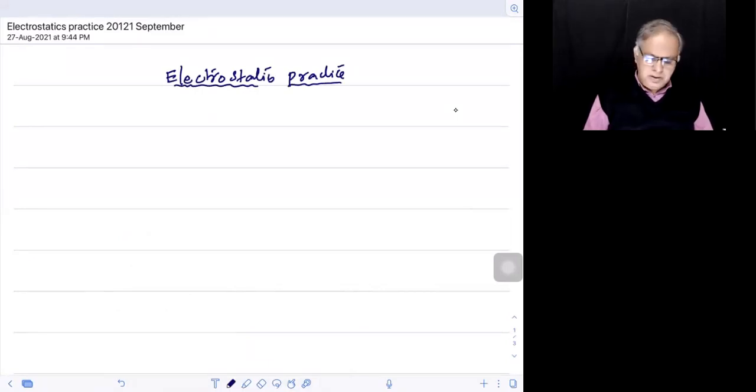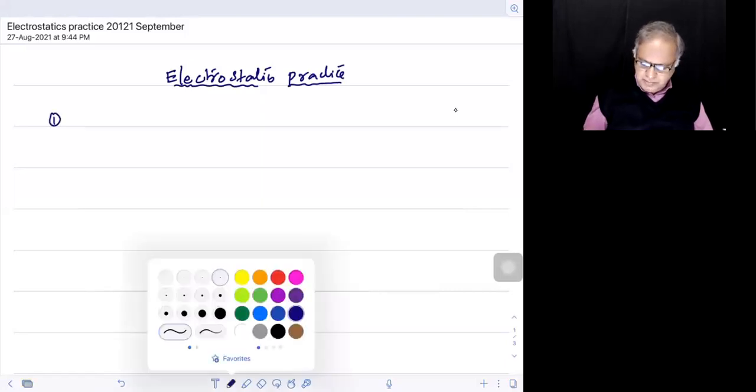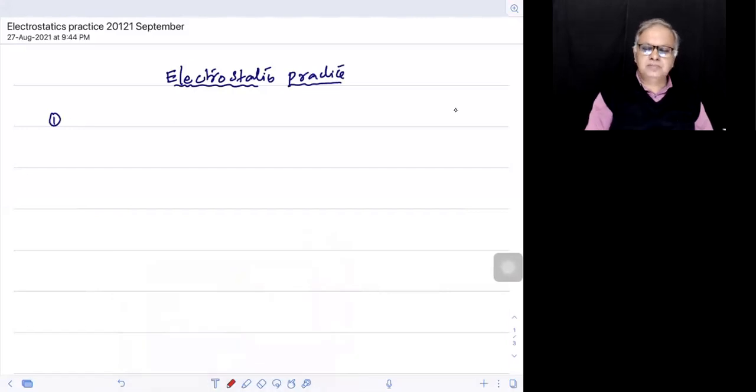Look, we have two large conducting plates, kept parallel to each other as shown in the figure. In equilibrium, the charge density on facing surfaces is sigma 1, sigma 2.